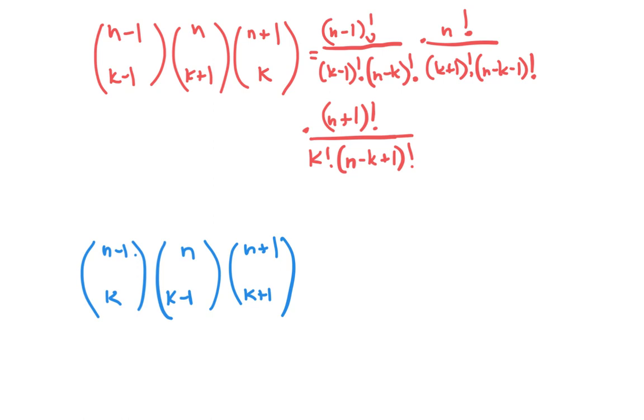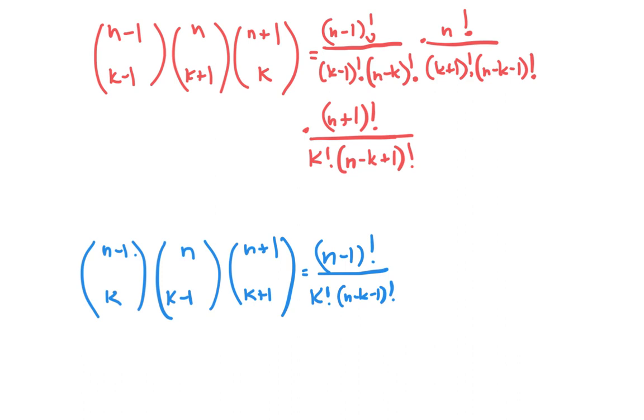And if we do the blue one, you'll see it's very similar. We get n minus 1 factorial over, and maybe as we go, I'll highlight the terms that we have. So this is going to be k factorial, and this is going to be n minus 1 minus k, so n minus k minus 1 factorial.